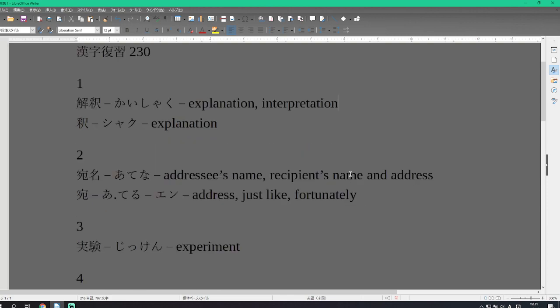Number two is atena. Atena is an addressee's name, a recipient's name and address. Na on the right side is just a name. Ate on the left side is an address, just like or unfortunately. The radicals in this kanji are a roof over the sign of the hare or the rabbit.